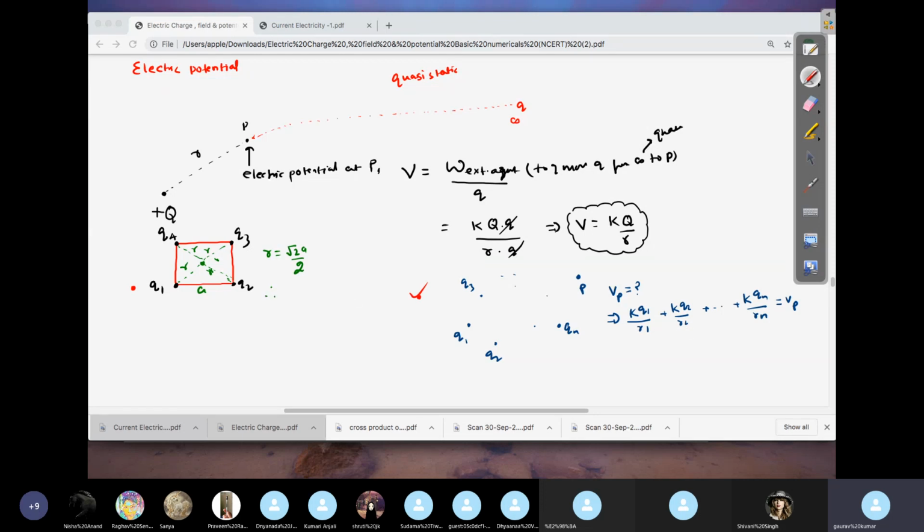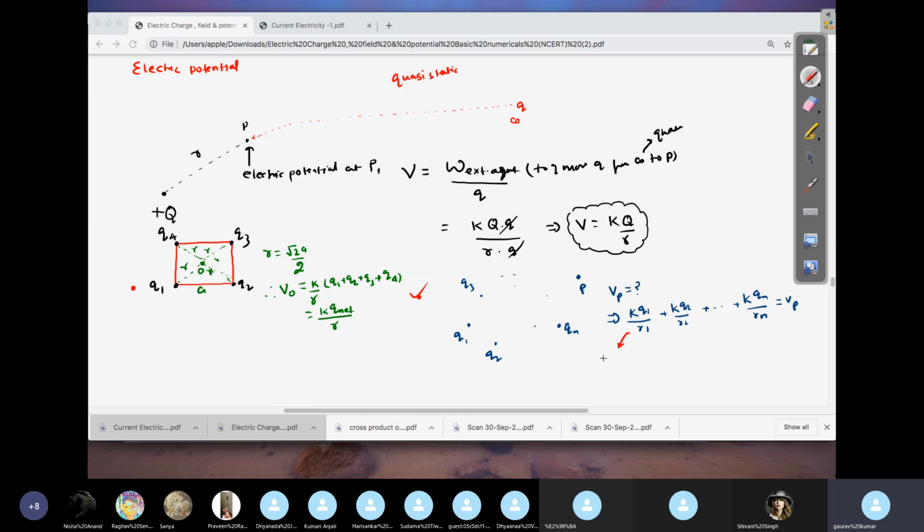Therefore, you will get V at O, let's say this point is O. The k by R will come outside, and you will get Q1 plus Q2 plus Q3 plus Q4, that is your Q net. So kQnet by R. Here you can write a special case.